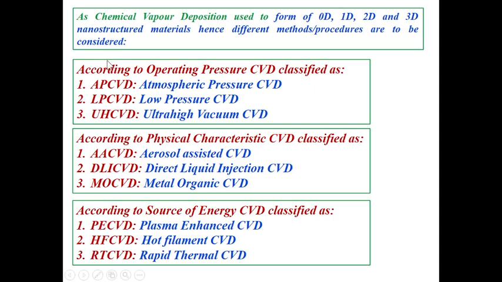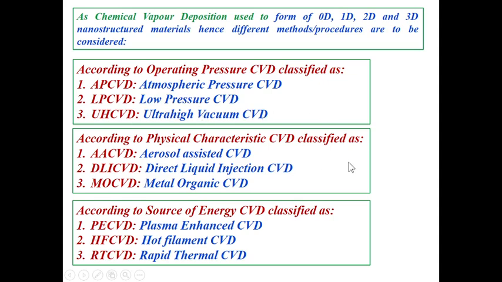Next, as chemical vapor deposition is used to form 0D, 1D, 2D, 3D nanostructure materials, different methods or procedures have to be considered. According to operating pressure, CVD is classified as APCVD, atmospheric pressure CVD, LPCVD, low pressure CVD, and UHCVD, ultra high vacuum CVD.